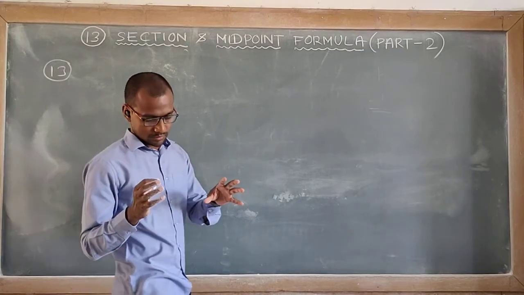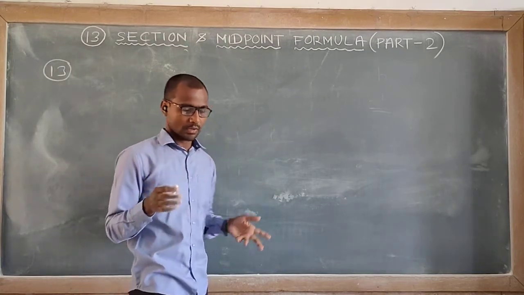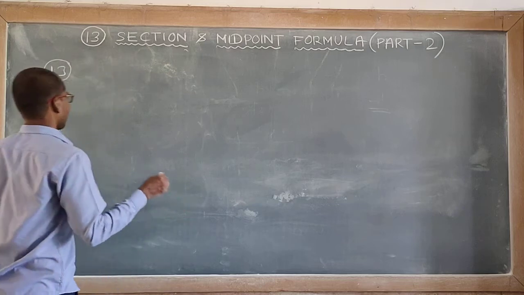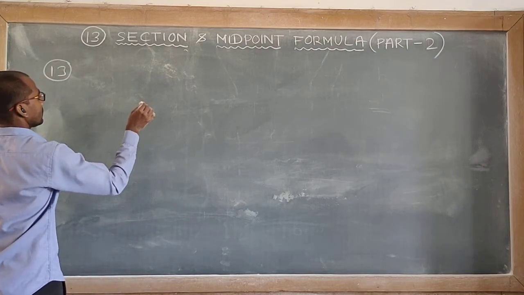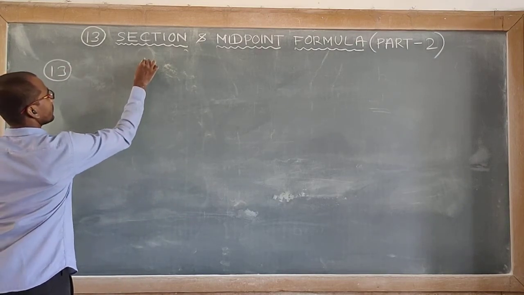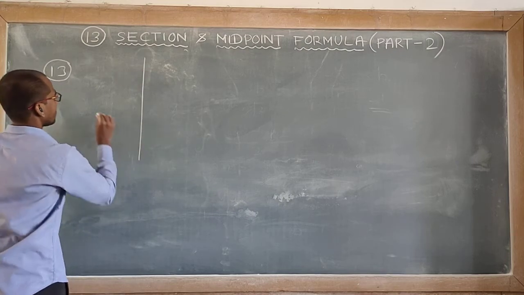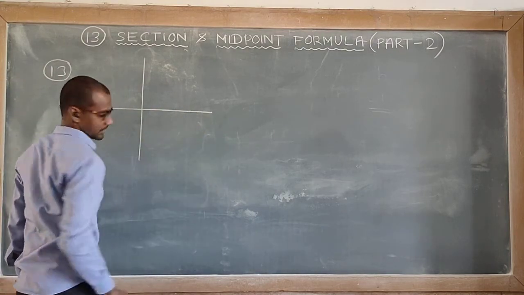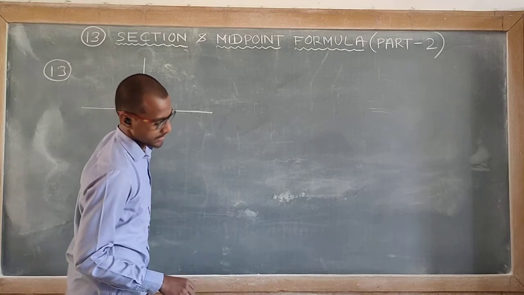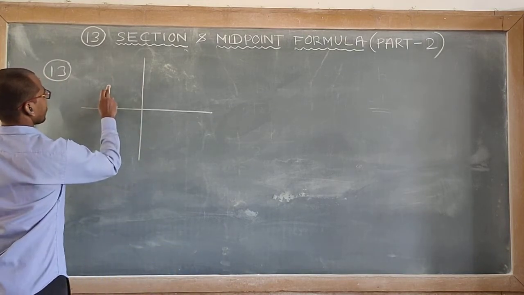So imagine a graph paper. Suppose this is the y-axis and this is the x-axis. A is (-5, 4), suppose here.